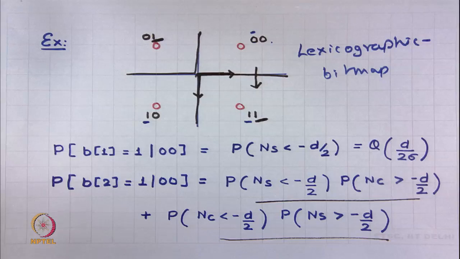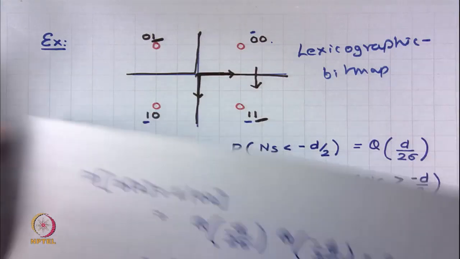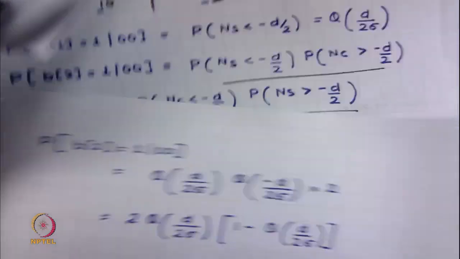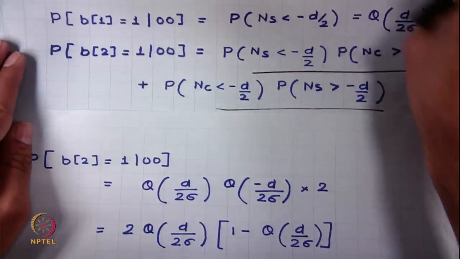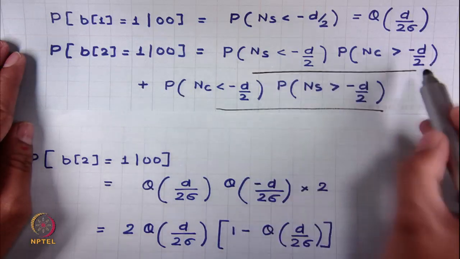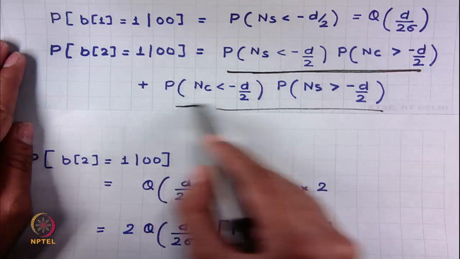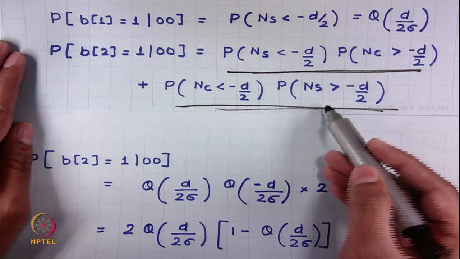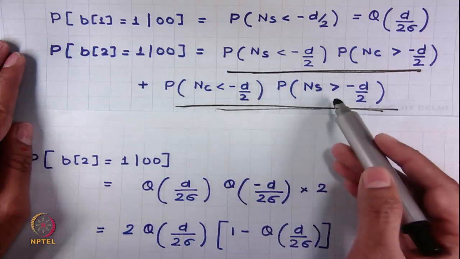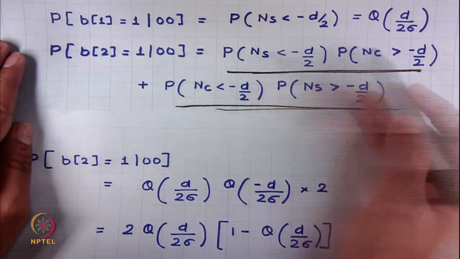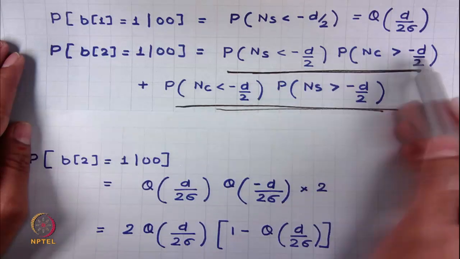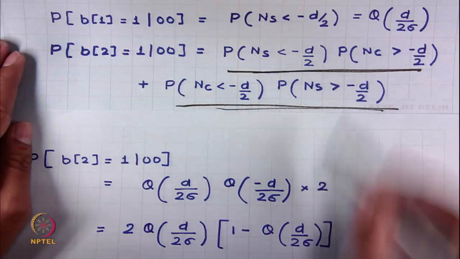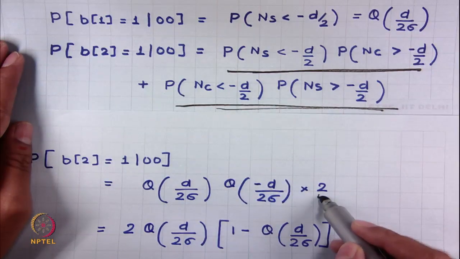Now, we can solve this easily. First, let us appreciate that this probability is going to be the same as this probability, just the names of the random variables are different. If these random variables have the same mean, the same variance and the same distribution, these two probabilities will be the same, and thus we have a factor 2 in here.